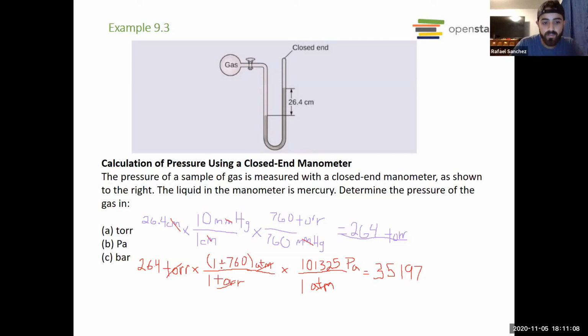Yeah. Okay. That looks right. So you said 264 divided by 760 times 101,325. Hold on, I think I got the sig figs wrong though. I always do.